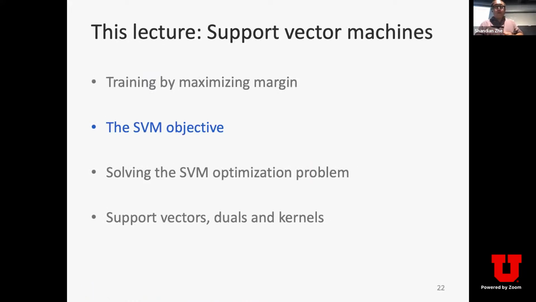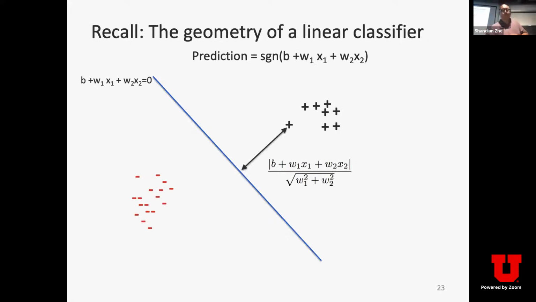Okay, so now with this learning principle in mind, let us construct the SVM objective function. But before we do that, we should review the geometry of a linear classifier. A linear classifier can be represented by a hyperplane.